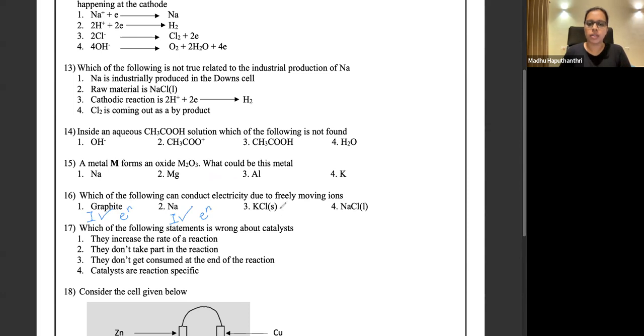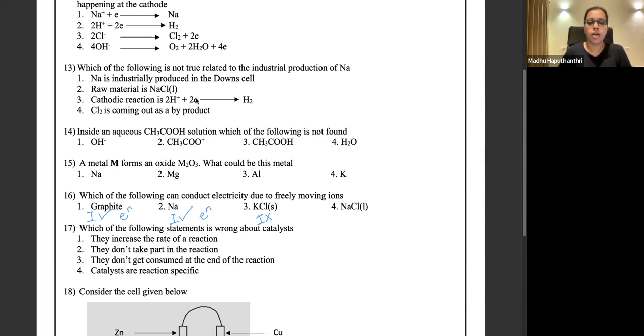KCl solid cannot conduct electricity. Why? Is it because KCl is not having ions? Then when it is a solid, what is the problem? Ions are there, but ions are not freely moving. We can say ions are not mobile.